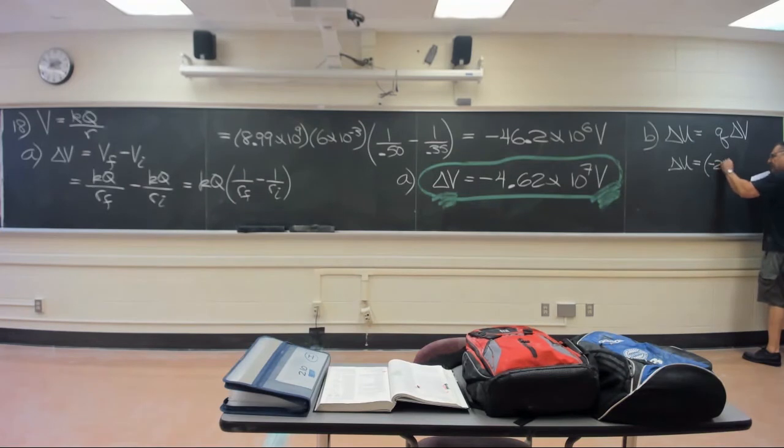This is negative 2 times 10 to the negative 3. This is negative 4.62 times 10 to the 7. Negative times negative is positive. Yeah, you are increasing the potential energy of the system. If it's a negative particle, why are you increasing the potential energy of the system?